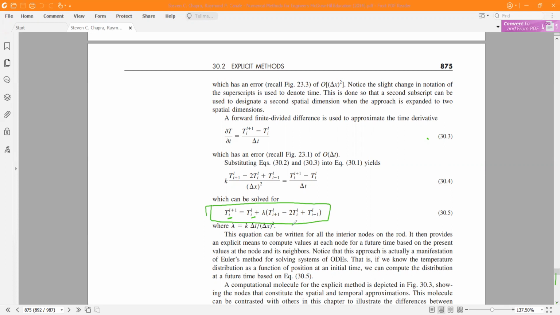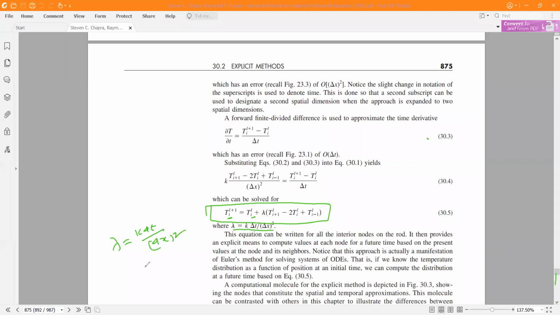We are marching in time. So in order to do that, a constant will be there defined by lambda. That lambda is equal to k del t divided by del x square.